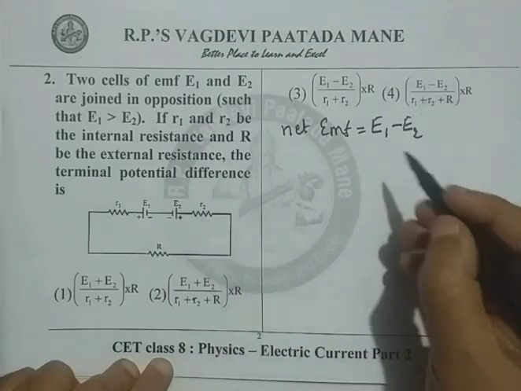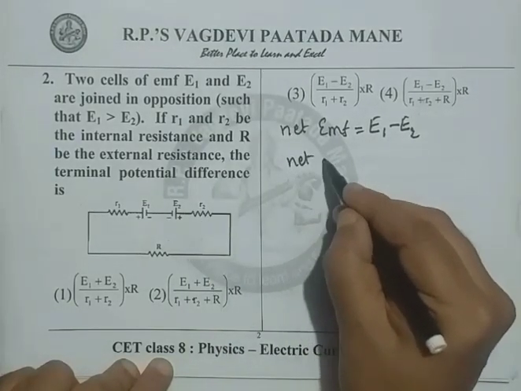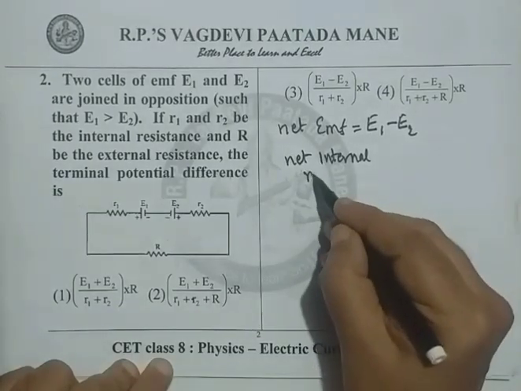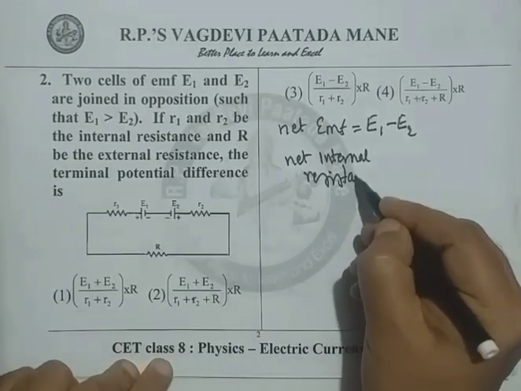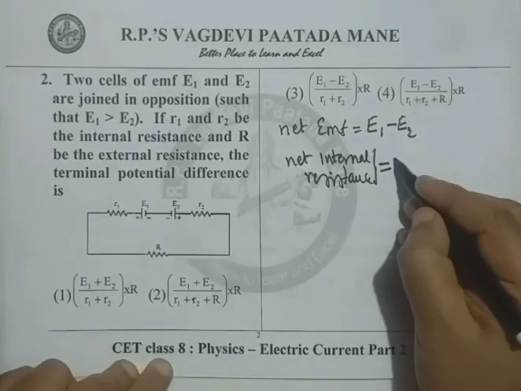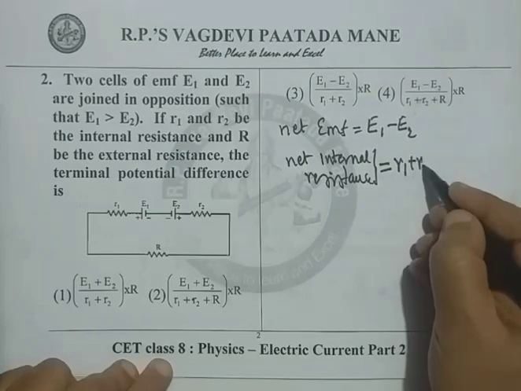and net internal resistance is, say, R1 plus R2.